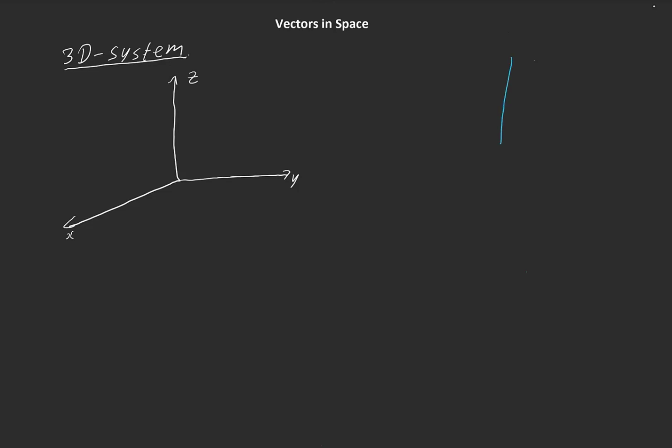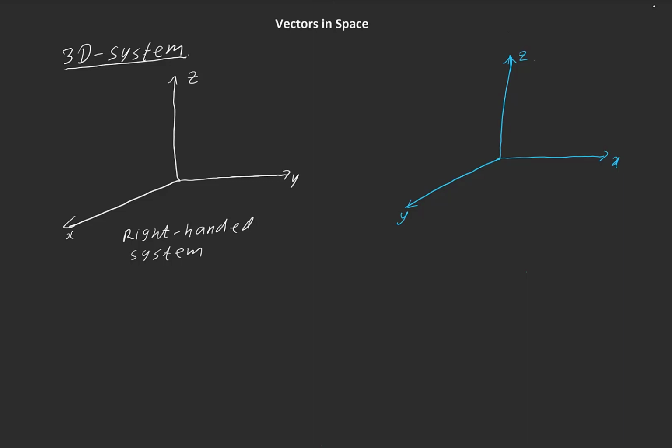and here I change the x and y axis, so y, x, z. So this first one is called the right-handed system.